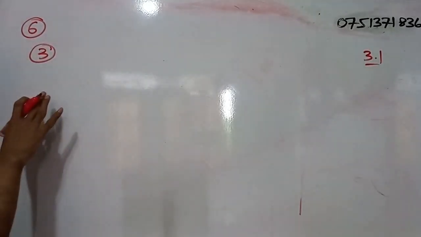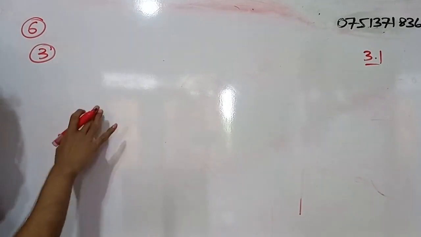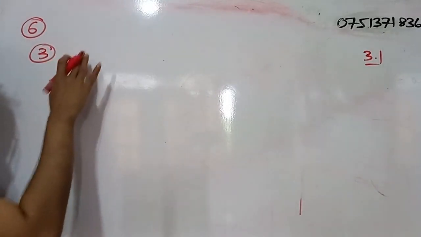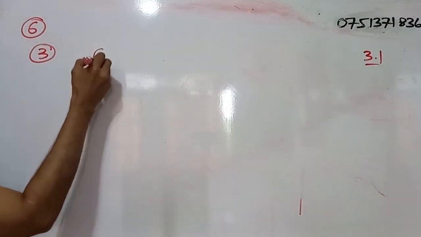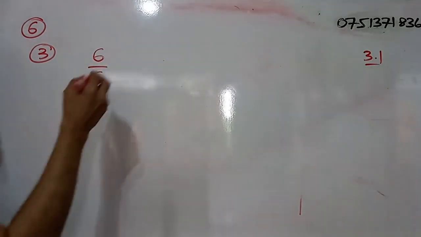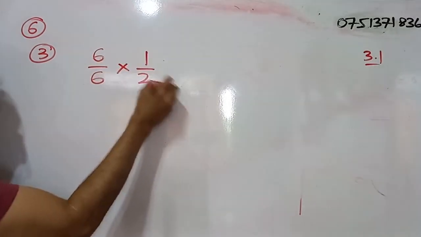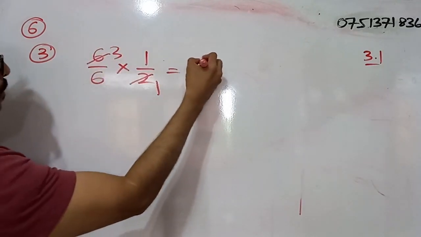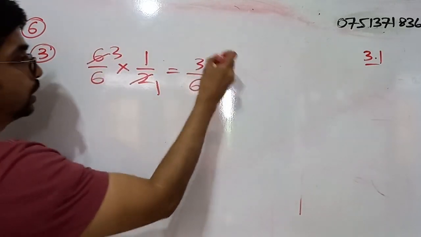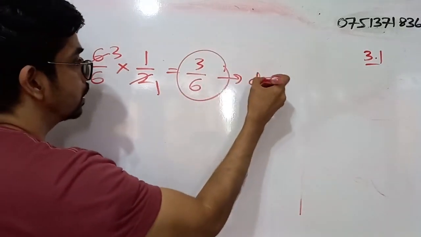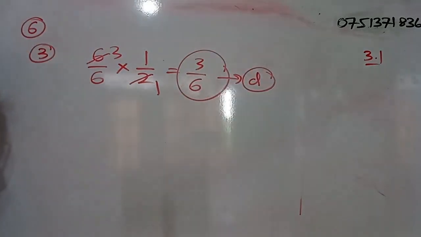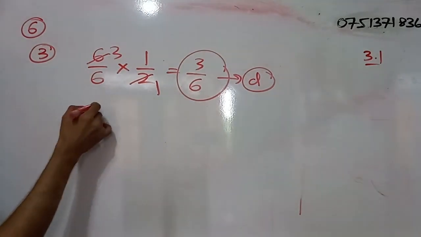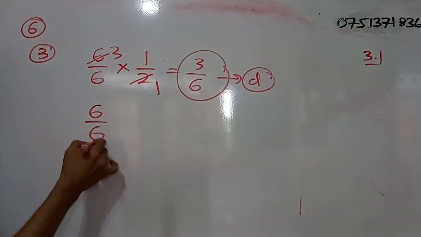For this part, we will take the total amount of land as what? 6 by 6, right? So from 6 by 6, the daughter received half, no? That means what? 2 times 1, 2 times 3. So here we have what? 3 by 6. So this went to the daughter initially. So I will put a D here. That stands for daughter. Think about the son. A third went, no?